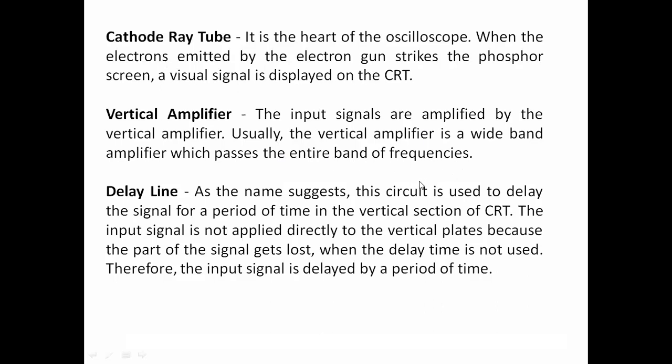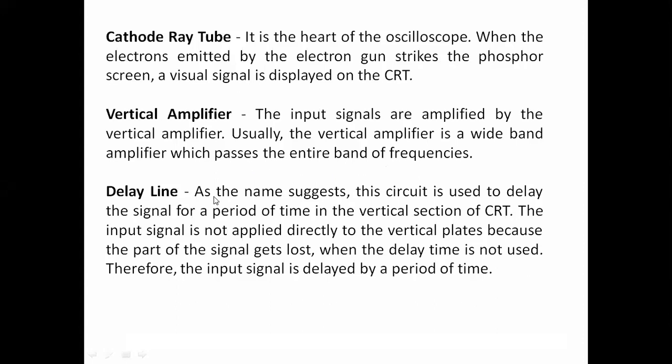Whatever signals are applied should reach the CRT screen, which is why we use a wideband amplifier. So all the frequency ranges of the signals can be analyzed using the CRO.